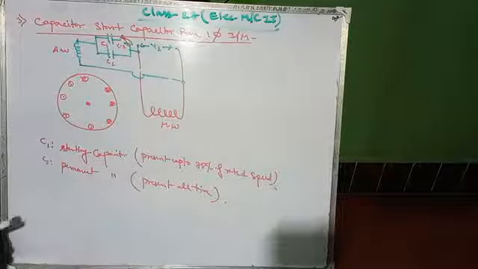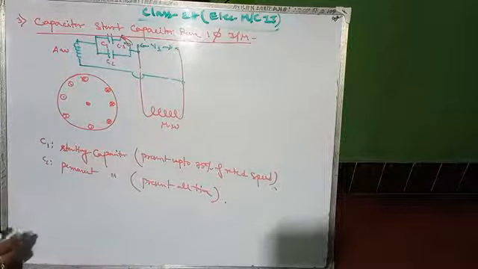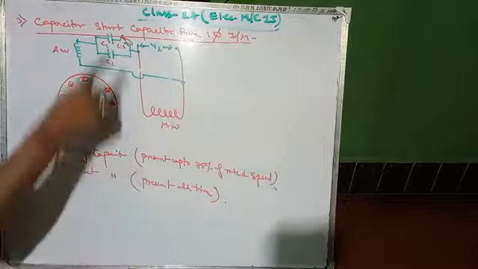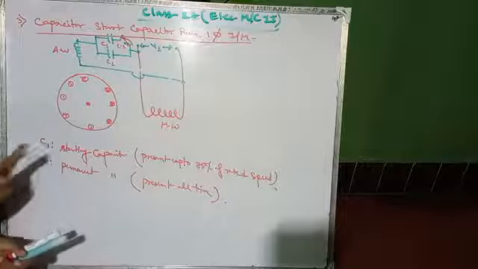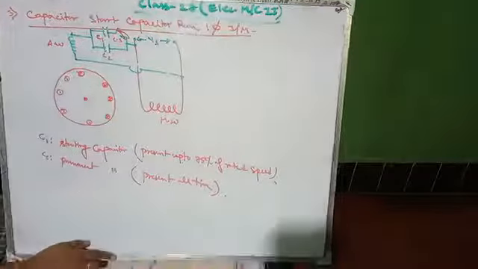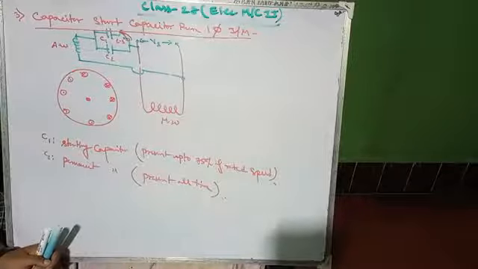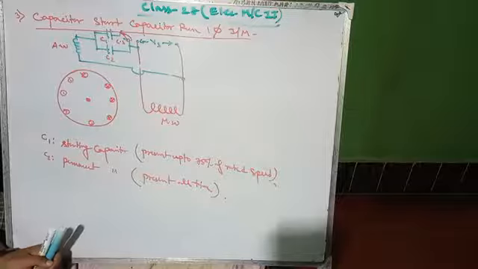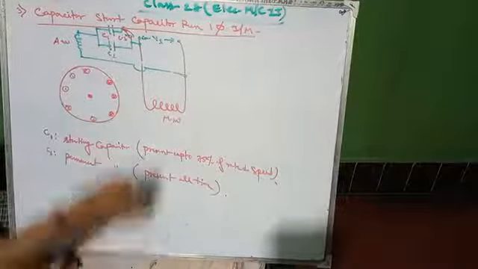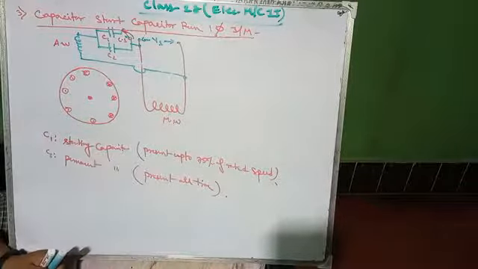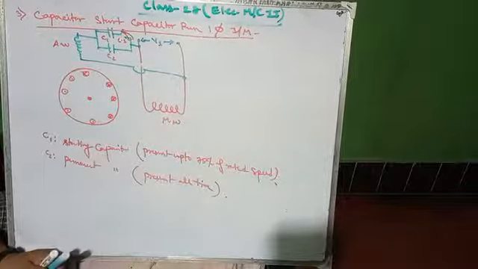Right at the time of starting, the centrifugal switch is closed, that is turned on. So the two capacitors are active. At the starting condition, the motor has the same characteristics as that of the capacitor split phase induction motor.